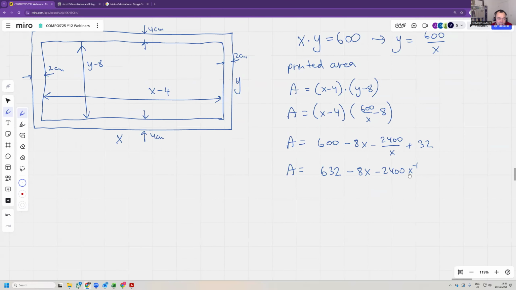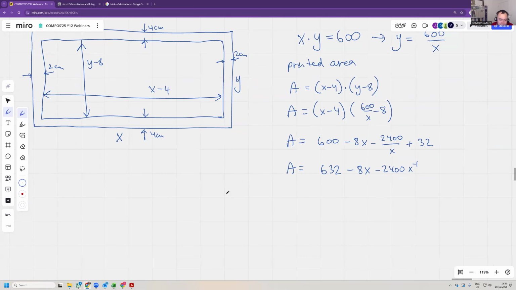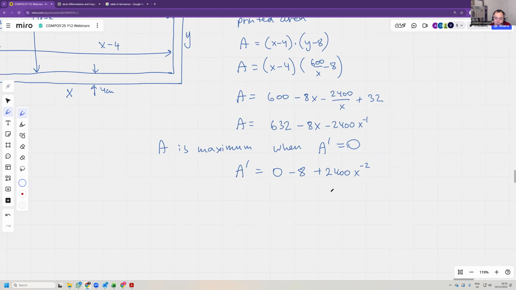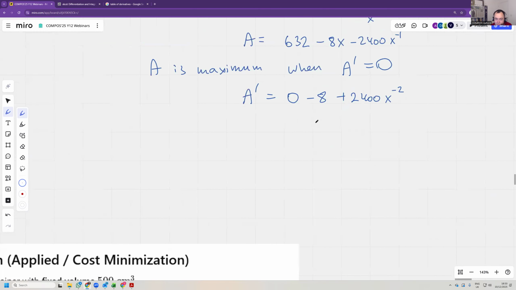To maximize the printed area, area is maximum when the derivative is 0. So we find the derivative of that. So A dash is 0 minus 8. Now, the derivative of this is going to be plus 2,400 x to the power minus 2, because that's how derivatives work.